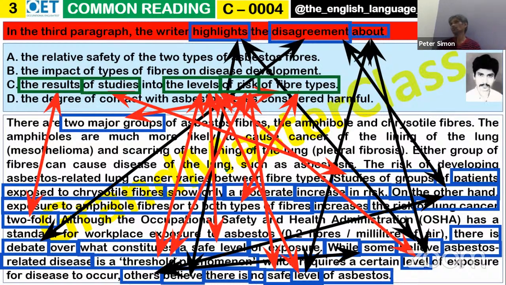Some people say, no, even a little bit also, there is nothing called safe zone. But some people say, okay, to some extent it is safe. So there is the problem. Regarding that one, there is a disagreement. Okay. Regarding that one, it's very clear there. Now, number one, if you think like this, you see the points there very clearly.